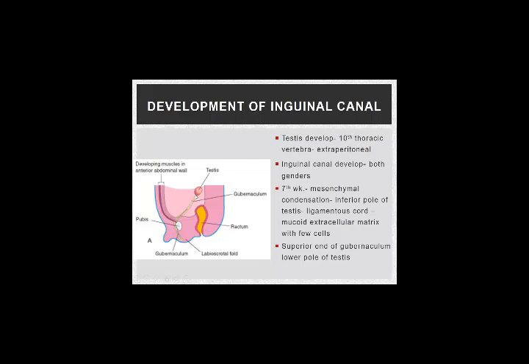Isme, all you have is some mucoid connective tissue and a few cells. Rod में कुछ नहीं. This rod of mesenchyme, which is attached to the inferior pole of the kidney, is called gubernaculum. So this rod of mesenchyme, the upper end is attached to the lower pole of the developing testes.